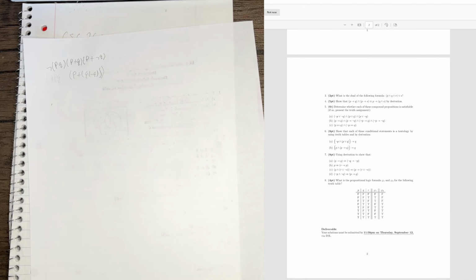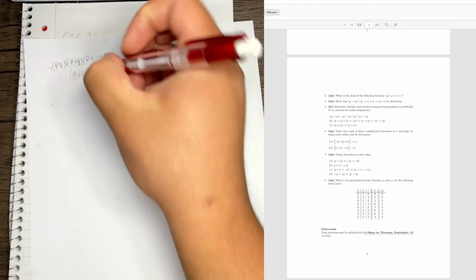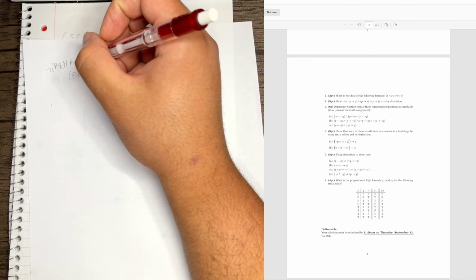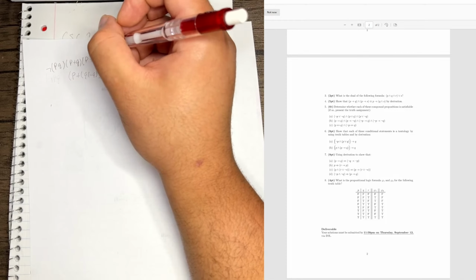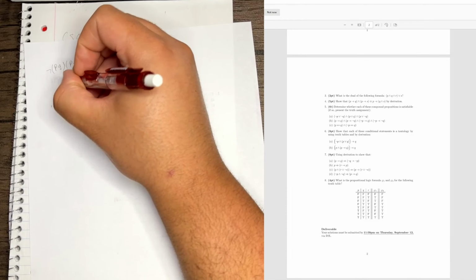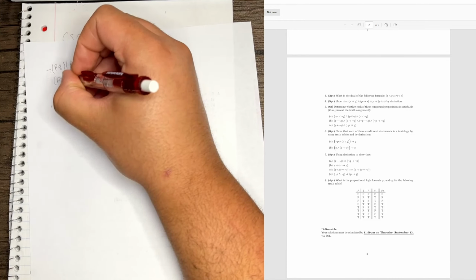There is no situation where that can be true, because, well, I guess it could be true if P is true. Then Q doesn't matter. I feel like there's always a way you can make it true.